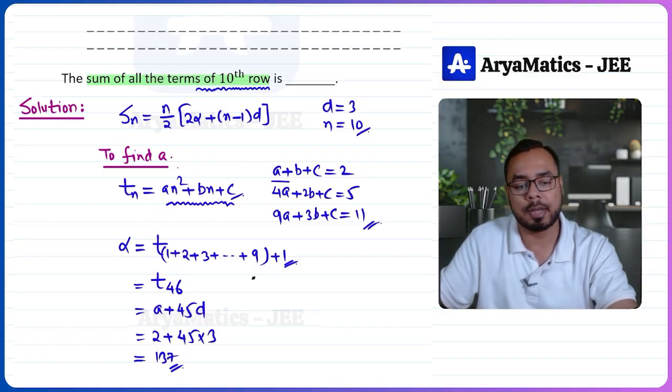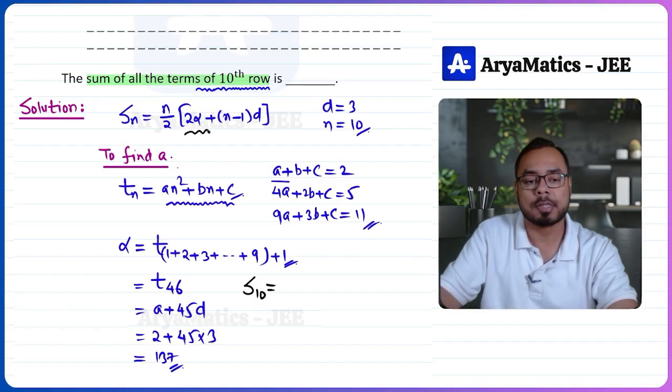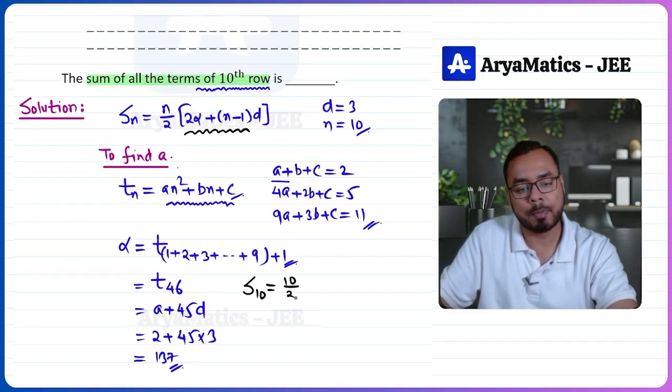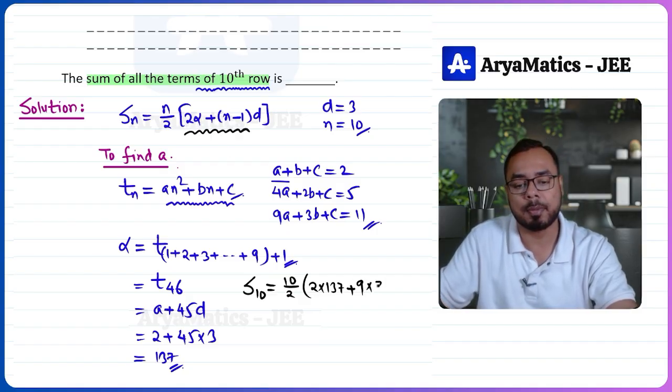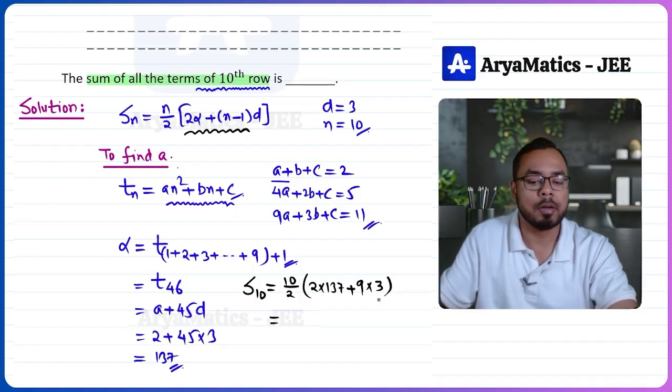Now we can easily get the sum of all the elements in the 10th row using the standard formula. So we have n by 2, that means 10 by 2, into 2a, so 2 into 137, plus n minus 1, where n is 10 so n minus 1 is 9, multiplied by the common difference 3. From here we get S10.